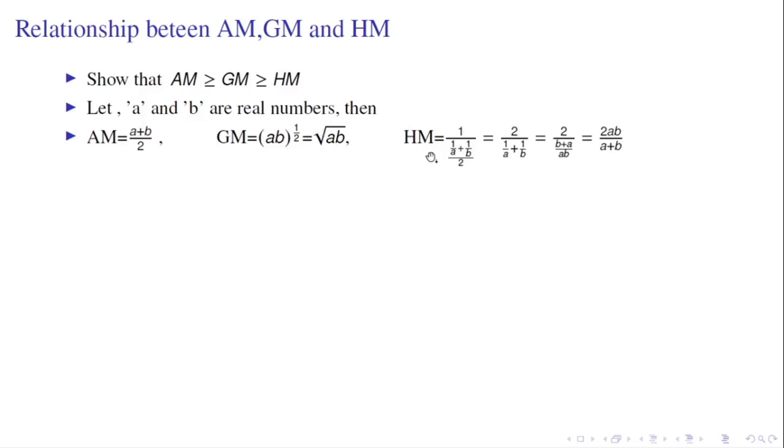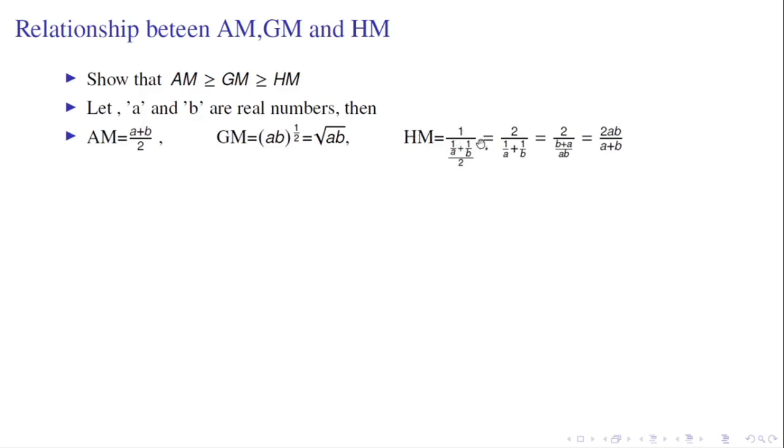The harmonic mean is the reciprocal of the arithmetic mean of reciprocals. The reciprocals are 1 by A and 1 by B. The arithmetic mean of the reciprocals is (1 by A plus 1 by B) by 2.